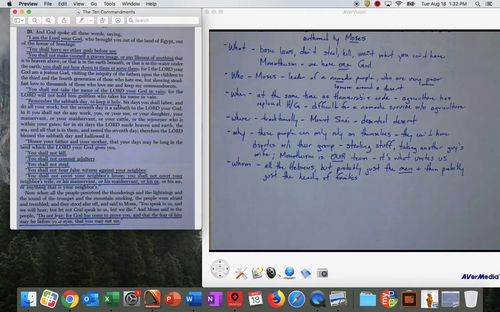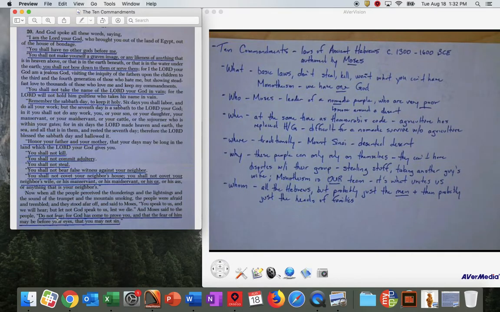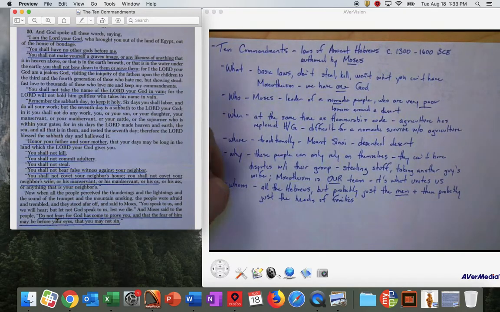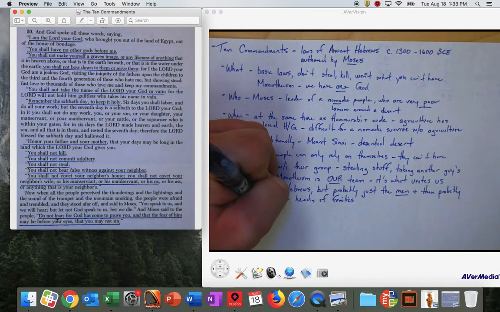So when we're done with this, we've now looked at two different sets of law codes. So now what we could do is compare these law codes.